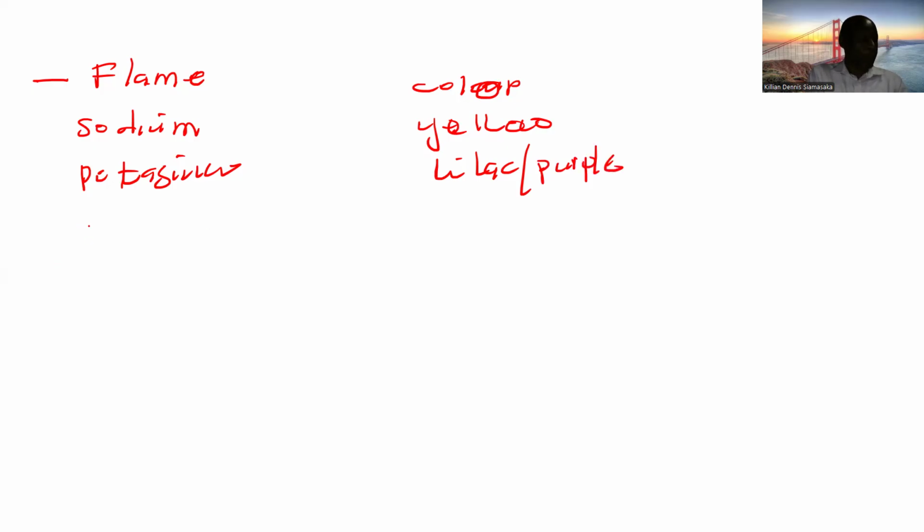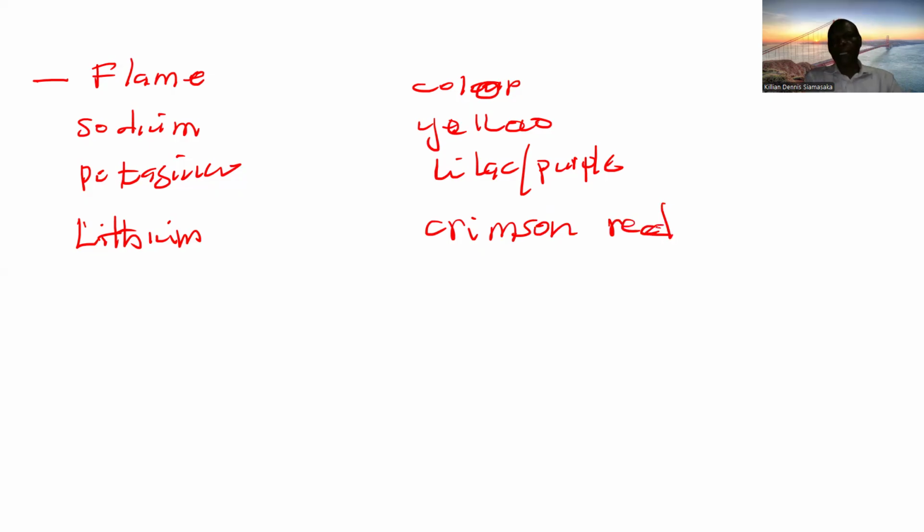And lithium is crimson red. So these are characteristic colors that you can use to identify these alkali metals.